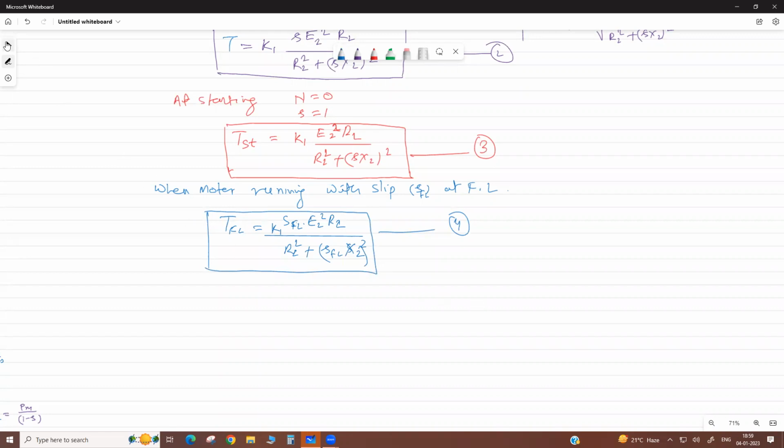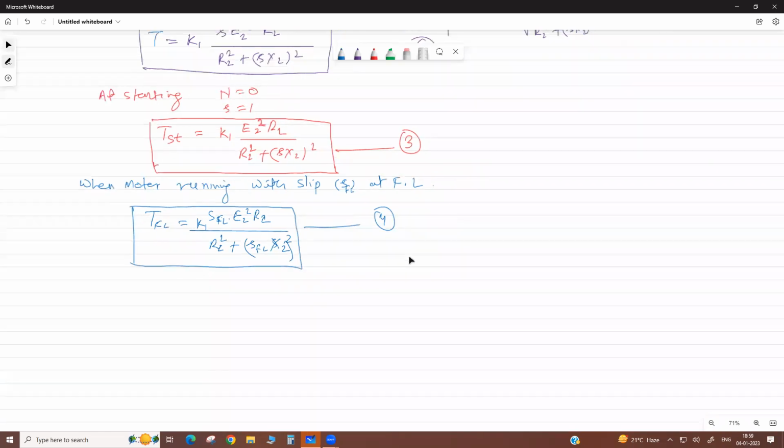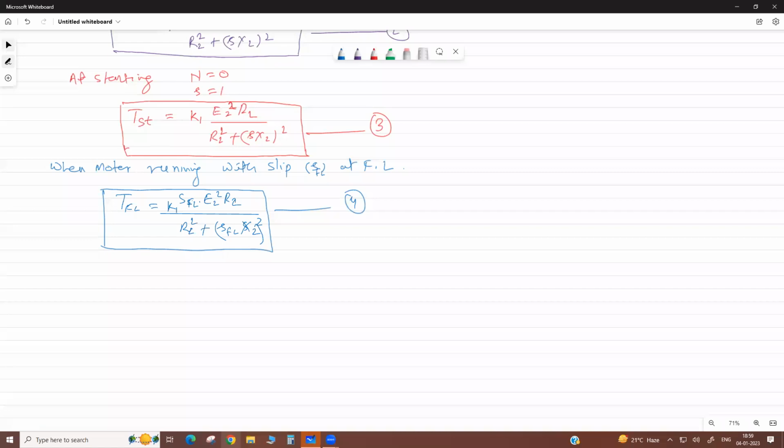Now, there was one question in your exam: this starting torque depends on what parameters, and how is it related to your full load torque?